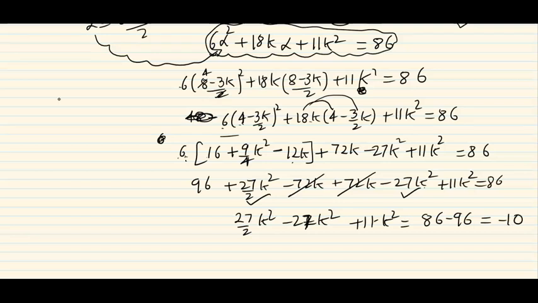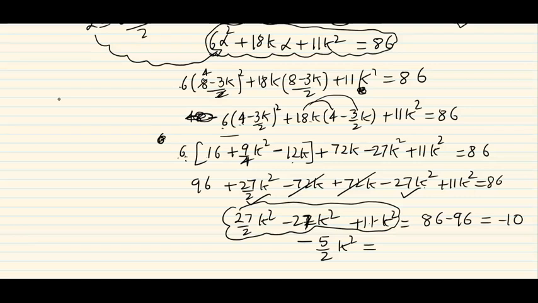So it should be 54 minus 27, that is 27, and if you simplify, it should be minus 27 and 22, that is 5, so it should be minus 5 by 2 k square. I did it in my head, so minus 5 by 2 k square is minus 10, so minus and minus cancel, so k square is 20 over 5, that is 4, so we get k equal to plus minus 2, isn't it?